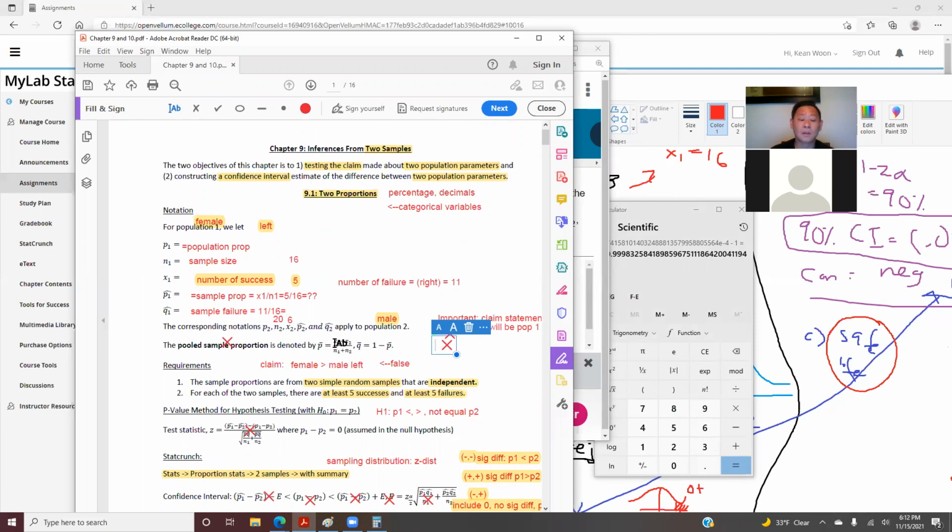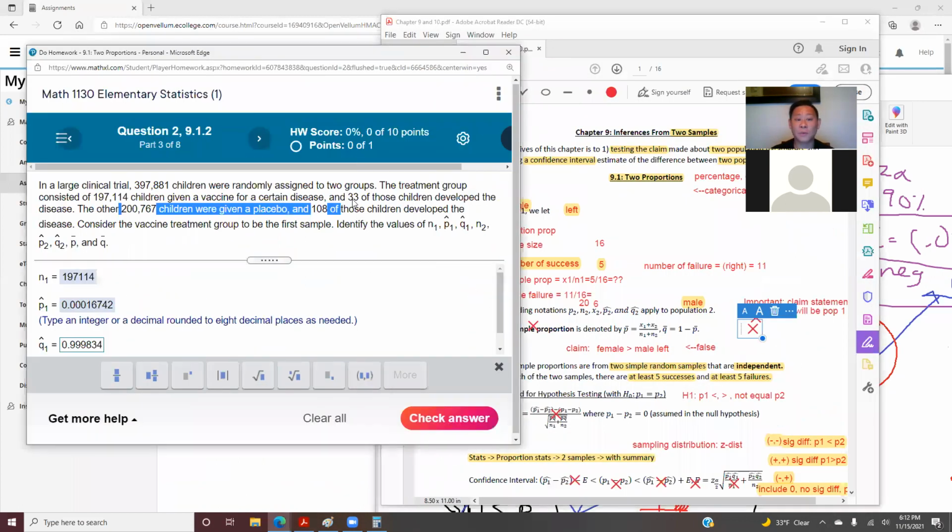You take how many people got the disease. So 33 people got the disease, and also 108 people got the disease. You add this up and then divide it by the total, which is almost 400,000. That is your P bar.